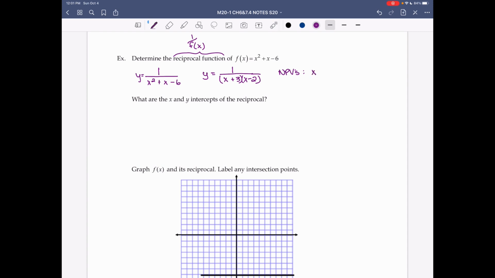Well, x plus 3 times x minus 2, when is that equal to 0? For this part, it's when x is negative 3. And for the x minus 2, it's when x is equal to 2. And with reciprocal functions, when we're graphing, our non-permissible values give us our vertical asymptotes.